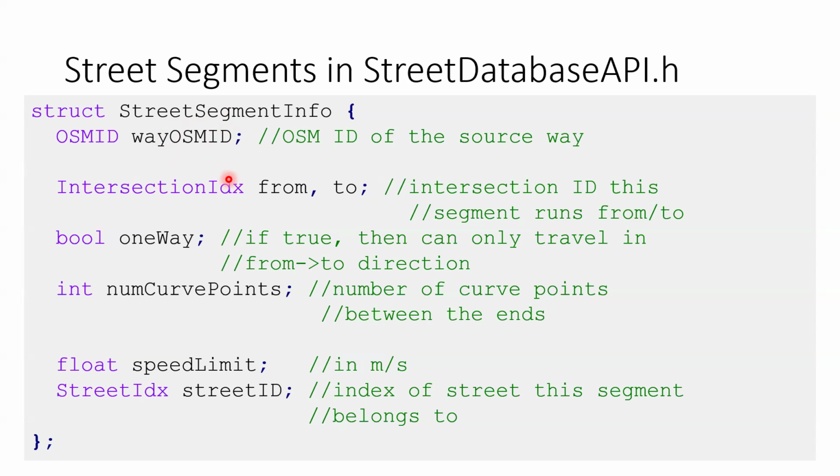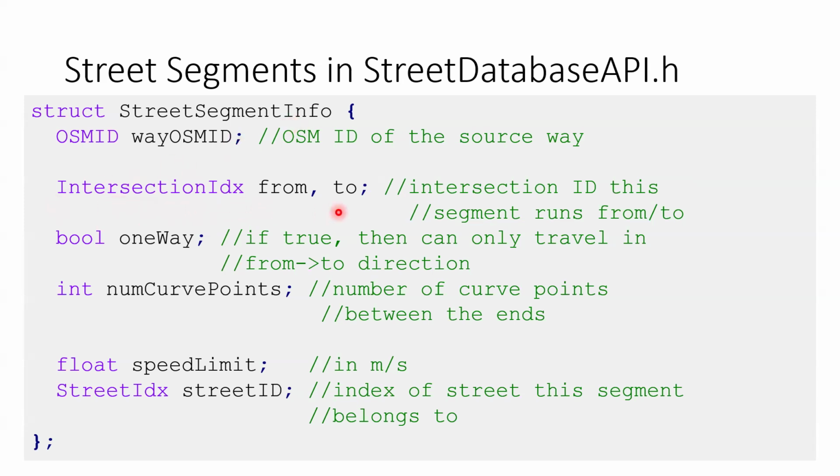So there's nothing that can have the same OSM ID as this element that you're looking at. And this is different from the street segment ID. The street segment ID goes from 0 to number of street segments minus 1. So this could be overlapping.